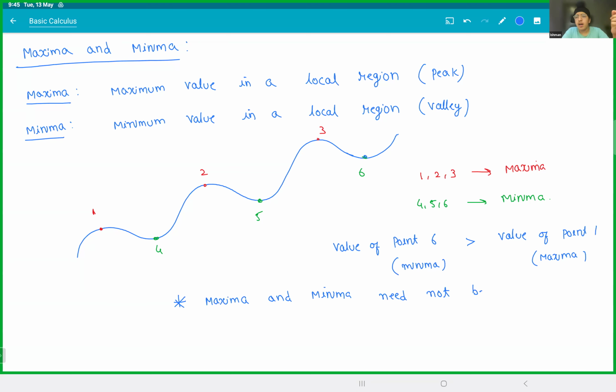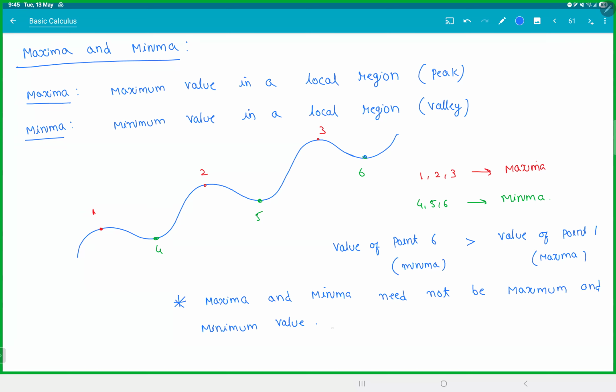In this case, we are talking about the heights basically. They need not be maximum and minimum. All right.